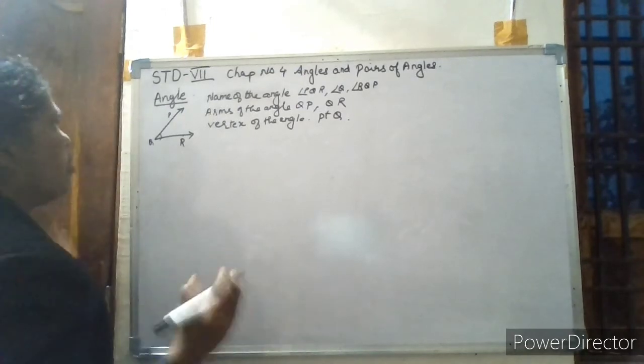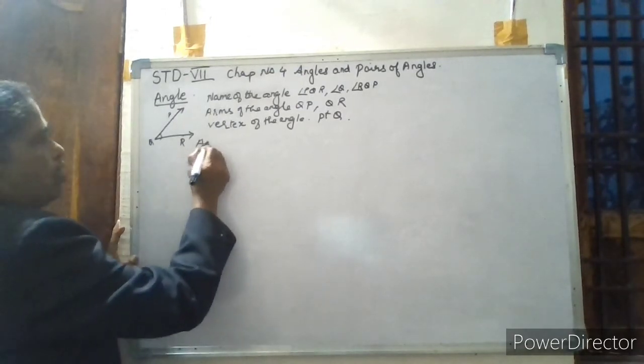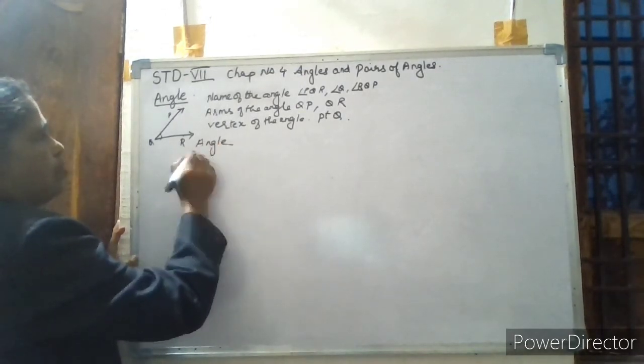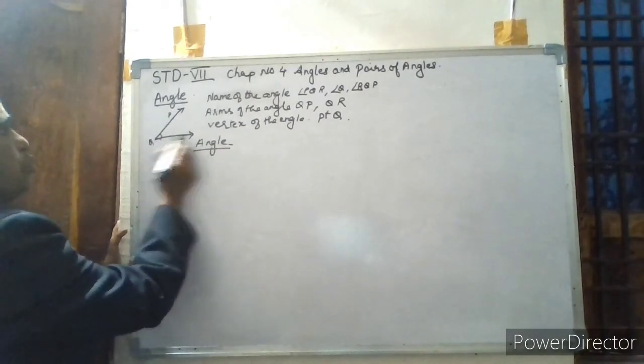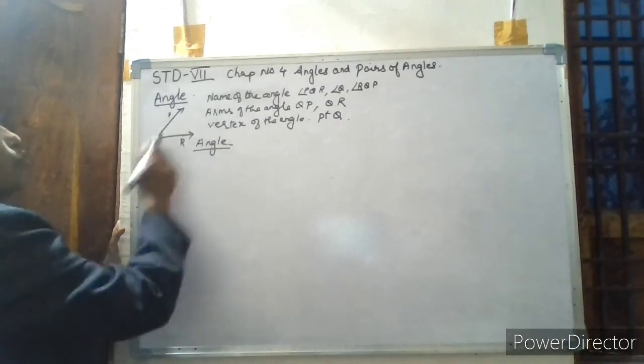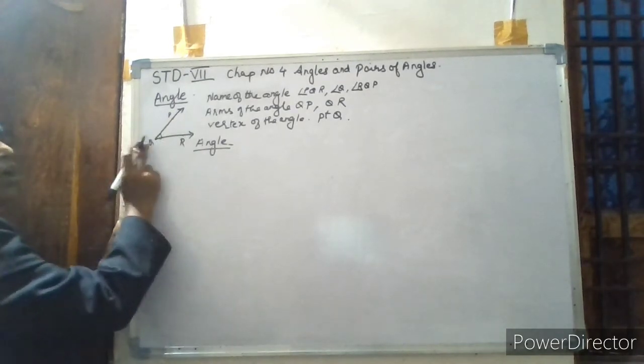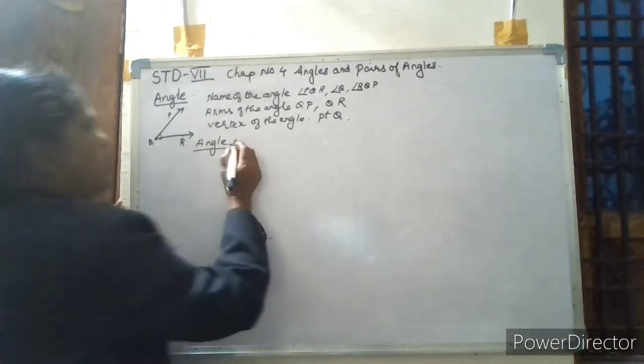But what is an angle? Definition of angle. You can see this point Q. One ray and another ray with the same point of origin.